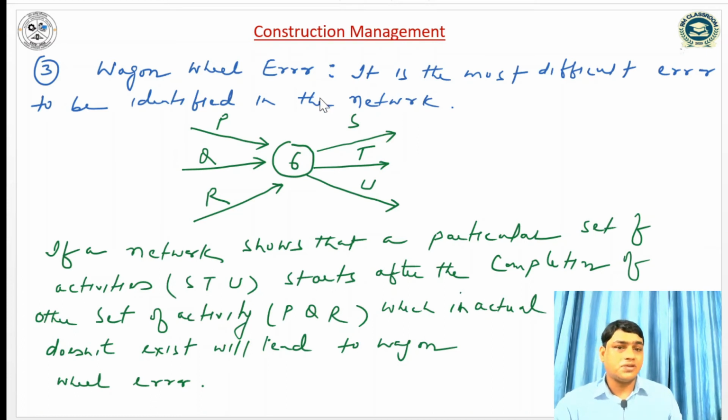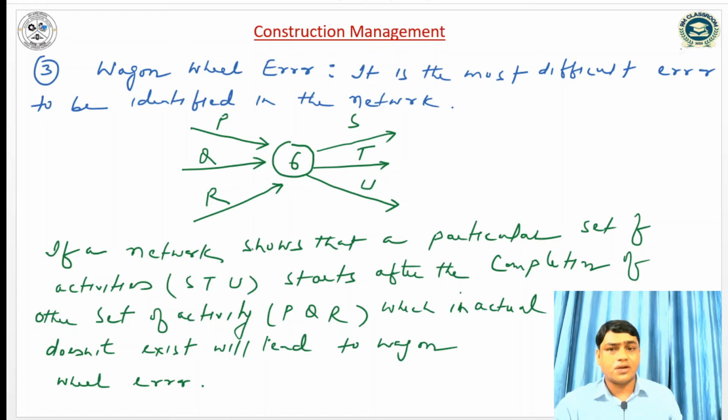This type of error is very difficult to identify. Here we can see that for event 6, the network shows a particular set of activity: STU starts after the completion of PQR. We can see that activity STU only starts when the activity PQR completes. But in actual, PQR does not exist.